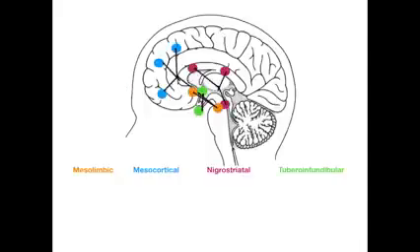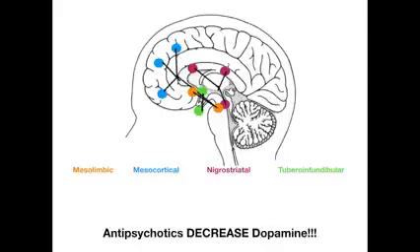Now, here's a review of everything we've talked about so far. The 4 different pathways, color-coded for your studying pleasure: the mesolimbic, mesocortical, nigrostriatal, and tuberoinfundibular pathway. Remember, guys, antipsychotics decrease levels of dopamine. So when we treat someone with psychosis with an antipsychotic, in the mesolimbic pathway, we're going to improve their positive symptoms because we're decreasing the too high levels of dopamine.